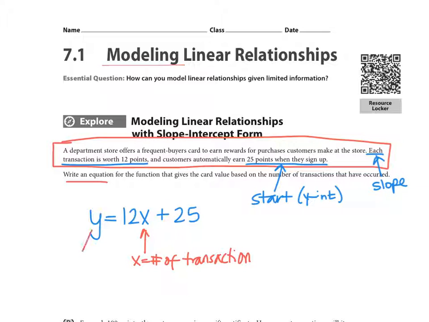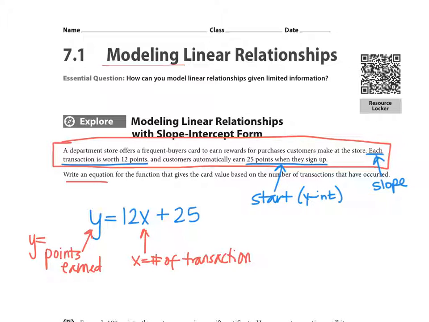And then y, well, this whole thing, if I say I want to have, I don't know, however many transactions, 5, 10, whatever number I'm plugging in, whatever I get when I plug that in is my total number of points. So y is going to be my points earned. And you want to write this every time, that's what y stands for. Y is going to stand for my points earned.